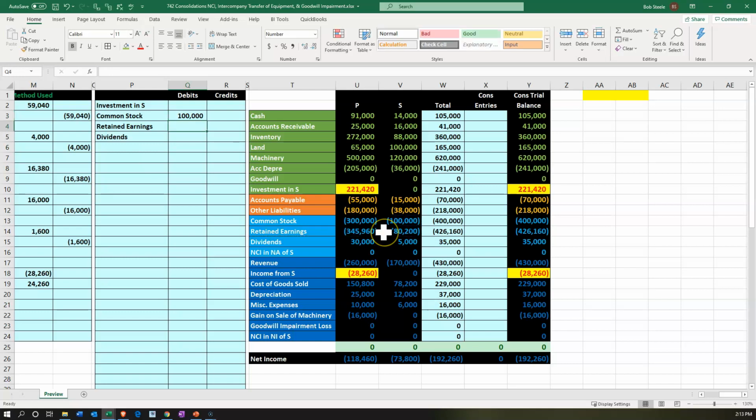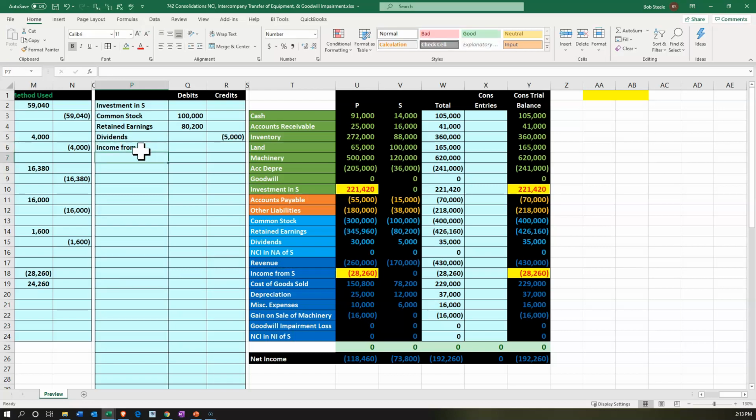The retained earnings are on the books for a credit, so we debit it for that 80,200. The dividends are on the books as a debit, therefore we credit it for that 5,000. That takes these amounts off the books, resulting in an ending balance matching P's balance over here.